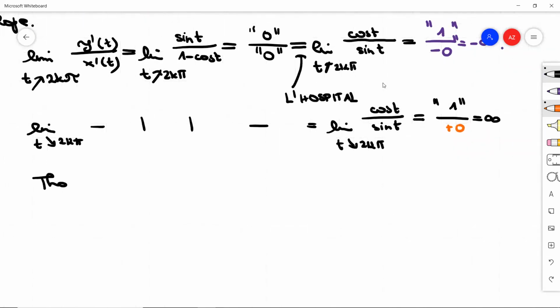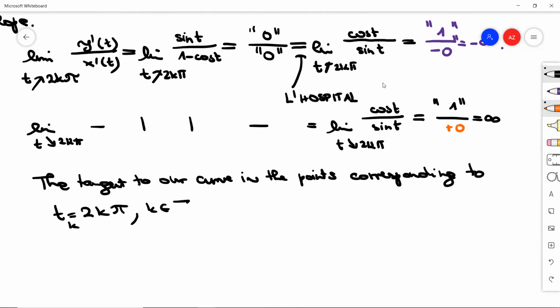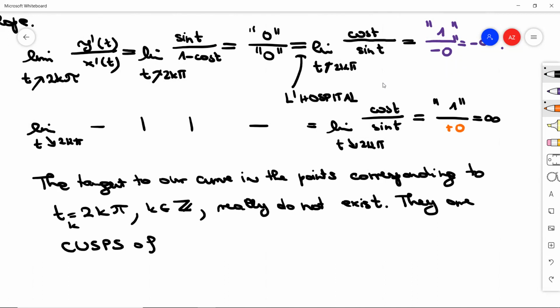So the tangent to our curve in the points corresponding to t_k equal to 2k pi, where k is a whole number, really doesn't exist. They are so-called cusps of our curve.